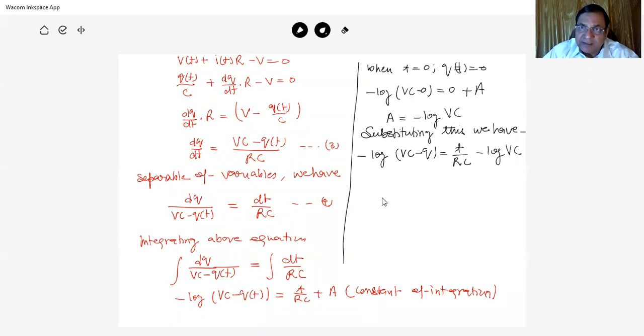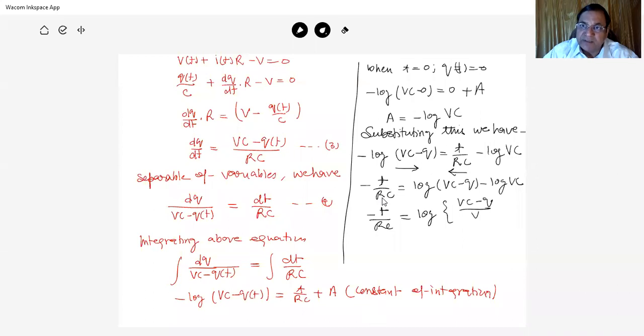So transfer कर दें इस पार्ट को इधर और इस पार्ट को उधर, तो minus t upon RC is equal to log (Vc minus q) minus log Vc. So this is minus t upon RC is equal to log of (Vc minus q) upon Vc. And all these are log base e. Log base e can also be expressed as ln.